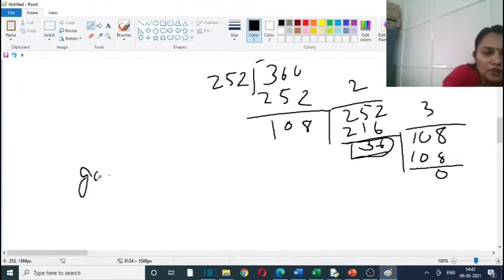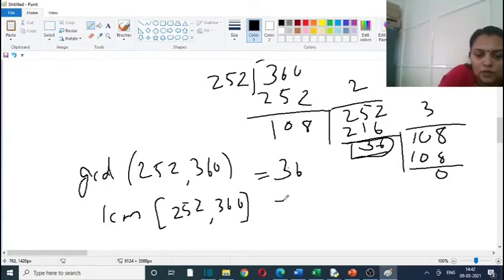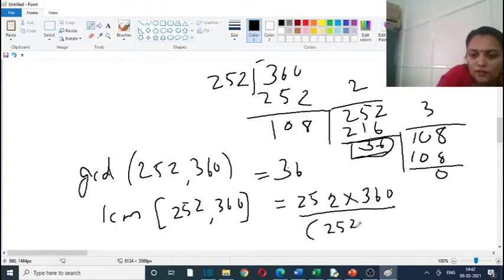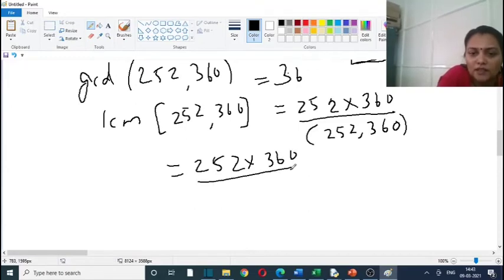So the last non-zero remainder is 36. So GCD of 252 and 360 is equal to 36. Therefore, LCM of 252 and 360 is equal to 252 into 360 by GCD of 252 and 360, which is equal to 252 into 360 by 36.